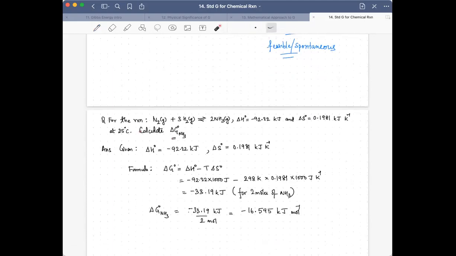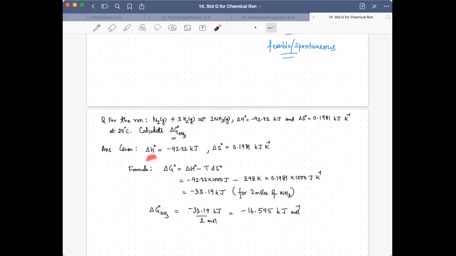So what you see here is we are given a reaction whose delta H naught is given and delta S naught is given. Temperature is given, and you have to calculate delta G naught of NH3. This reaction is basically the formation of NH3 from its constituent elements N2 and H2.